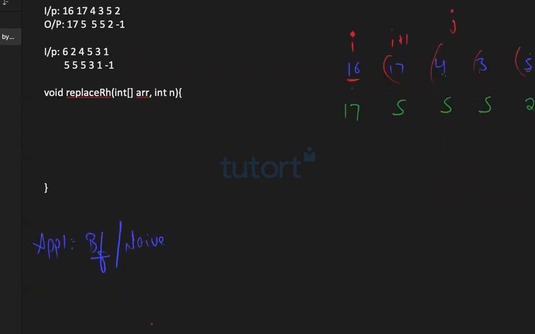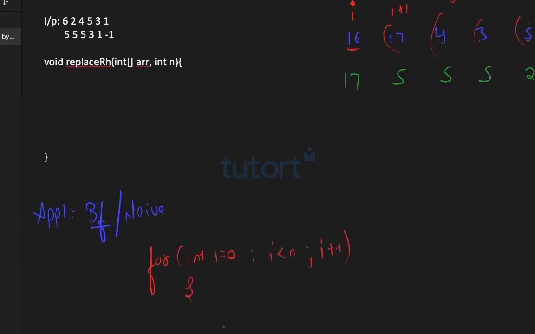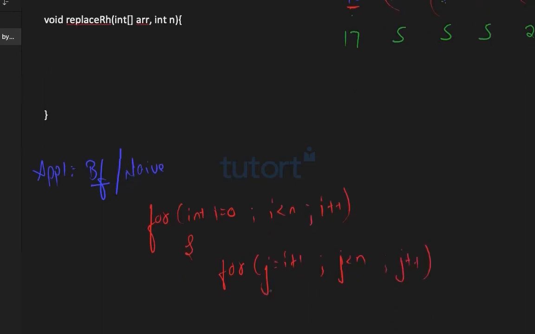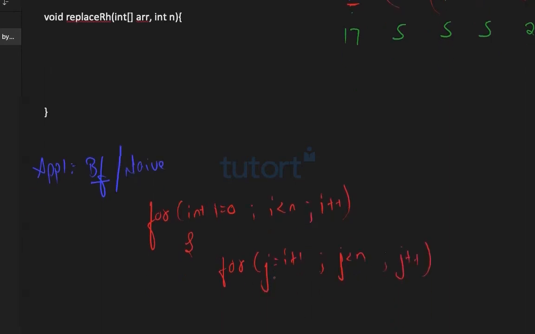So how can I write a simple pseudocode like this: int i equals 0, i less than n, i plus plus. Then for j equals i plus 1, j less than n, j plus plus, what we will be doing is finding the maximum element.